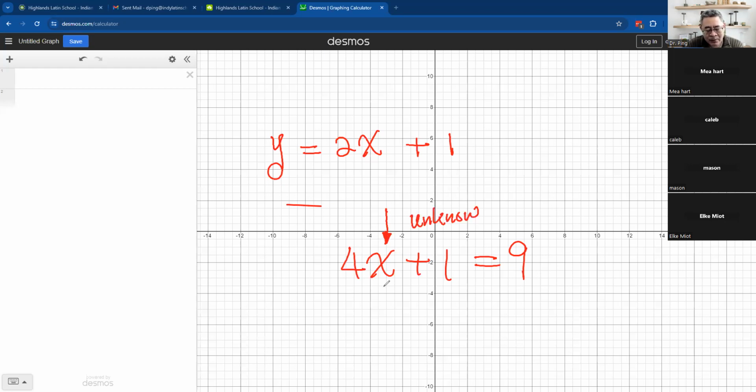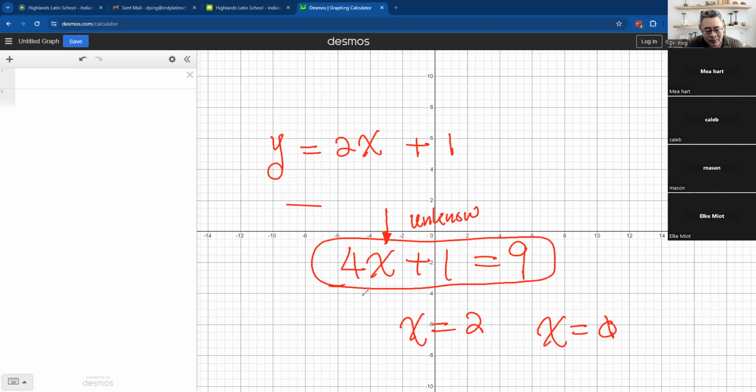It has just one single value that makes this true. So x has to be 2, it cannot be anything else. If x is 0, then we got a problem because 4x is 0, and 1 is not equal to 9. So it has to be x = 2.